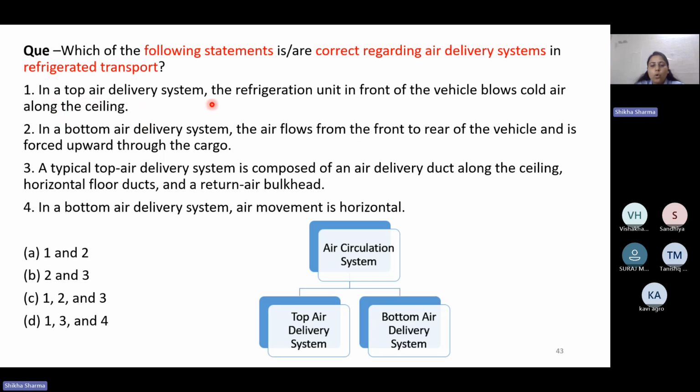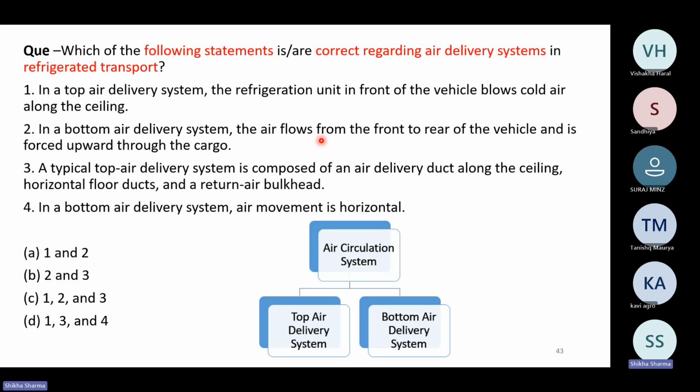In the top air delivery system, the refrigeration unit in the front of the vehicle blows cold air along the ceiling. In a bottom air delivery system, the air flows from the front to rear of the vehicle and is forced through the cargo. Third statement: a typical top air delivery system is composed of an air delivery duct along the ceiling, horizontal floor ducts, and a return air bulkhead.